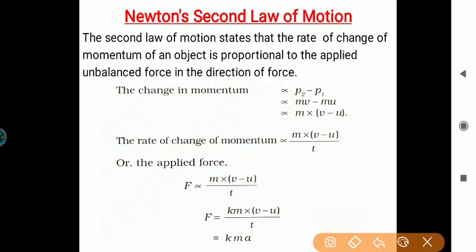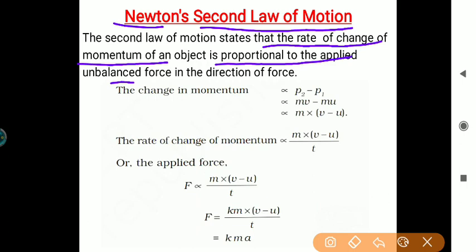So the next topic is Newton's second law of motion. According to Newton's second law of motion, the rate of change of momentum of an object is proportional to the applied unbalanced force in the direction of force.